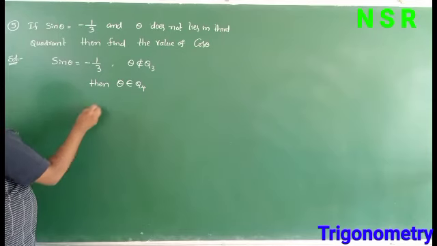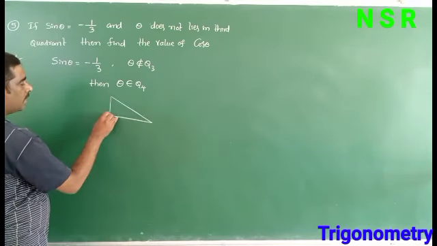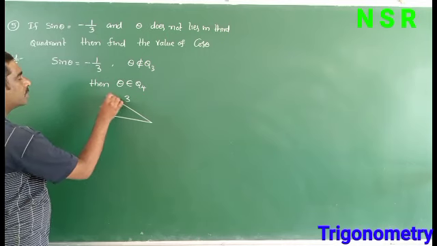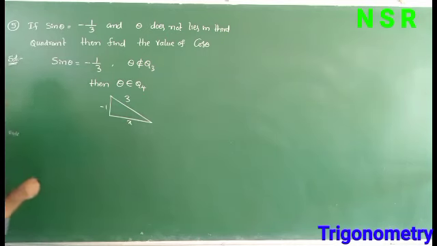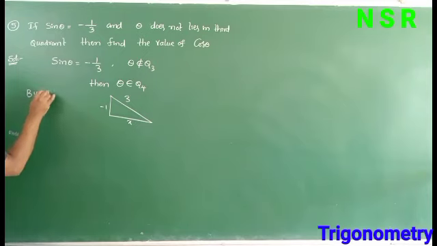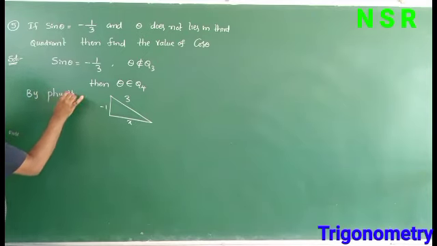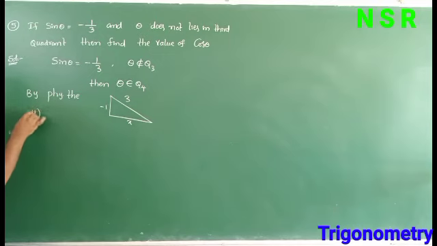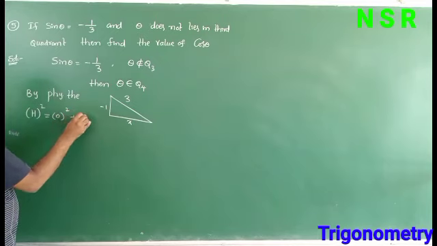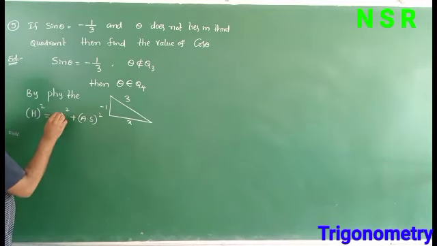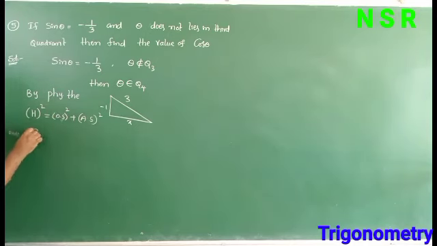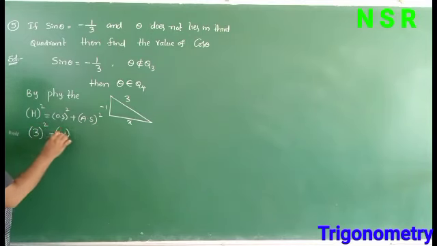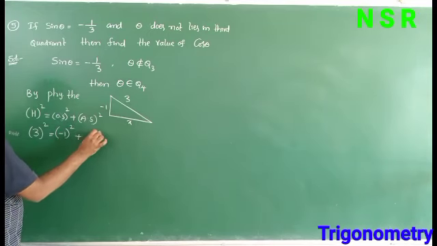Now sine theta means opposite side by hypotenuse. Now find adjacent side by Pythagoras theorem. We can write hypotenuse square is equal to opposite side square plus adjacent side square. So hypotenuse is 3 square equal to opposite side minus 1 square plus adjacent side square.